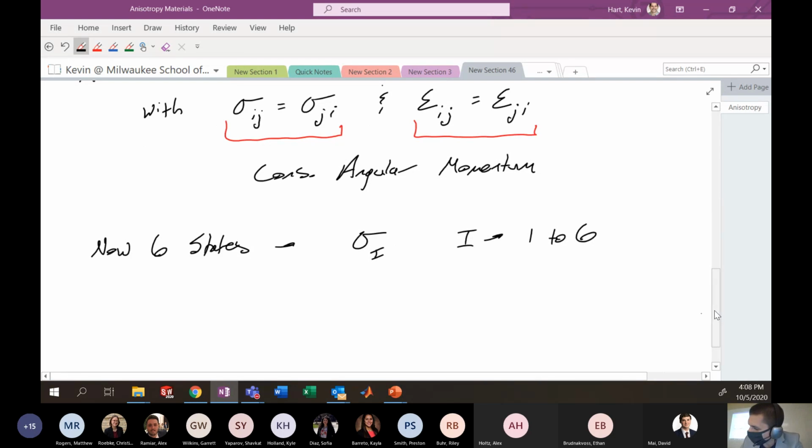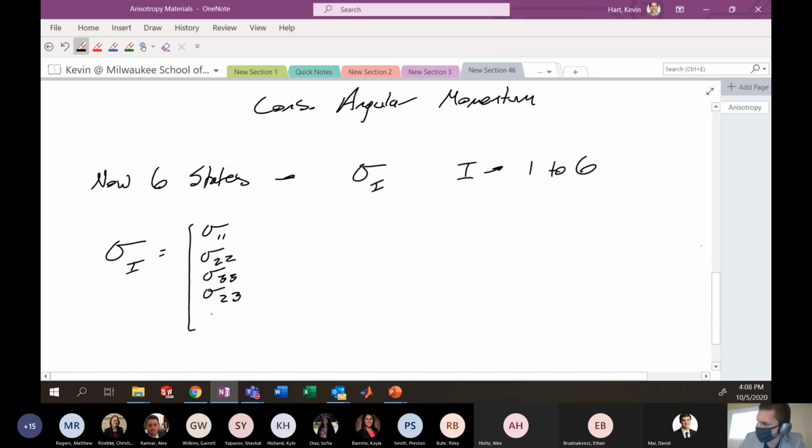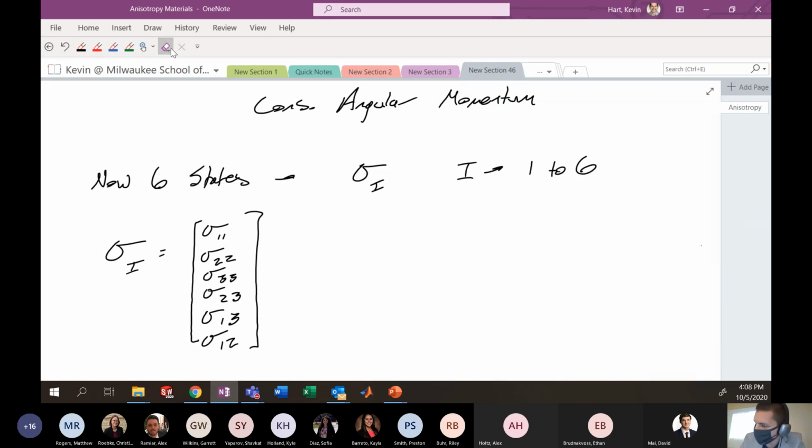What you want to think about in your head is this is sigma 1, 1, sigma 2, 2, sigma 3, 3, sigma 2, 3, sigma 1, 3, sigma 1, 2. Sorry about the matrix there. Let's make it more beautiful.